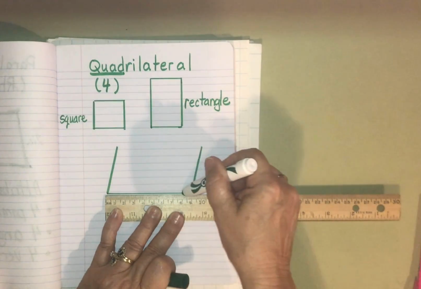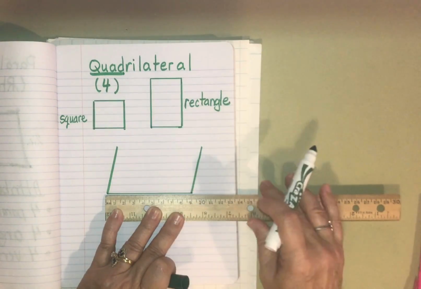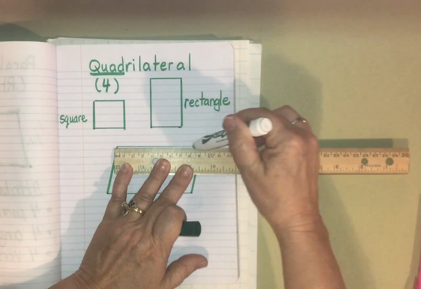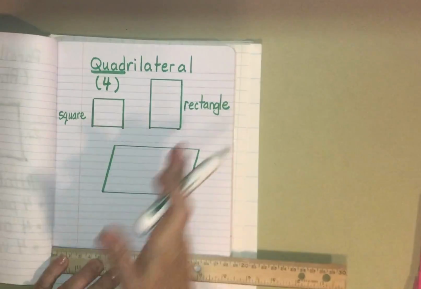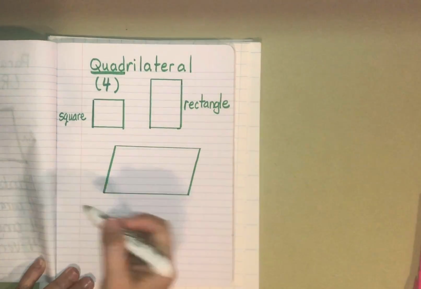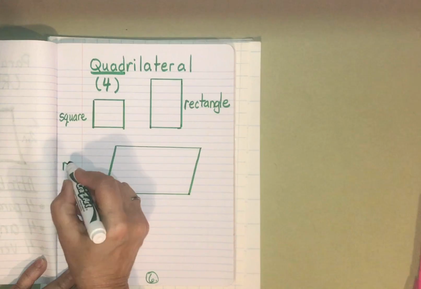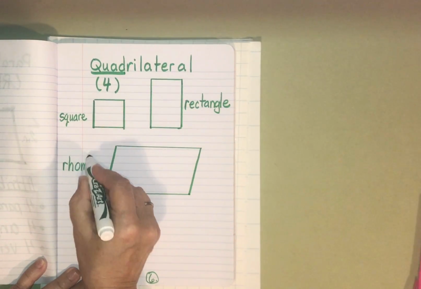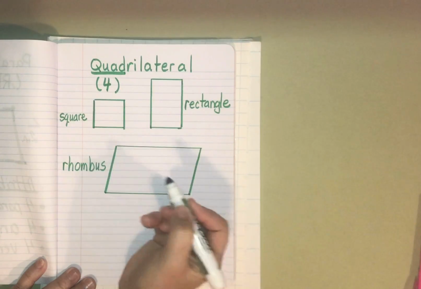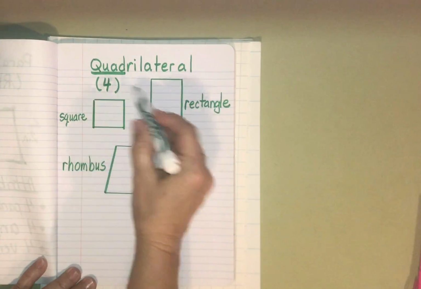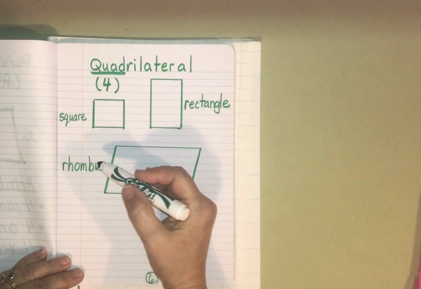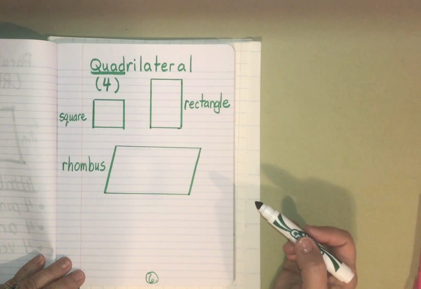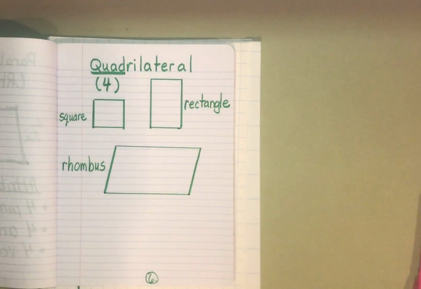It has pairs of lines that are parallel, and I'm 9 centimeters across the top and across the bottom. Okay, so this one has 2 names. We'll call this one the rhombus. But let's also write that all of these are parallelograms, because one of the attributes is that it has 4 sides.